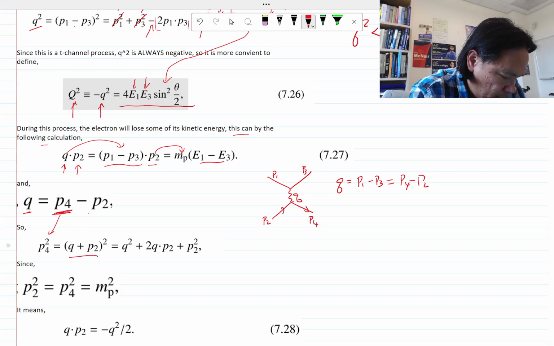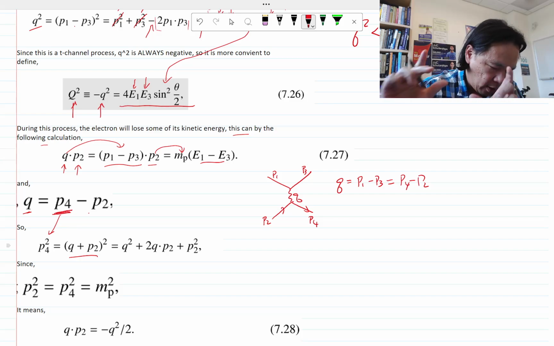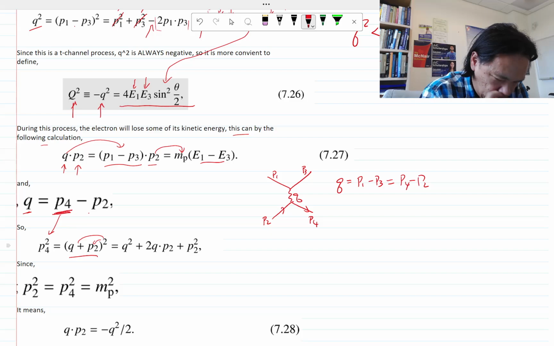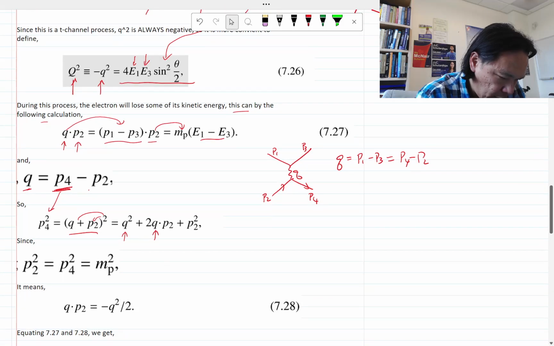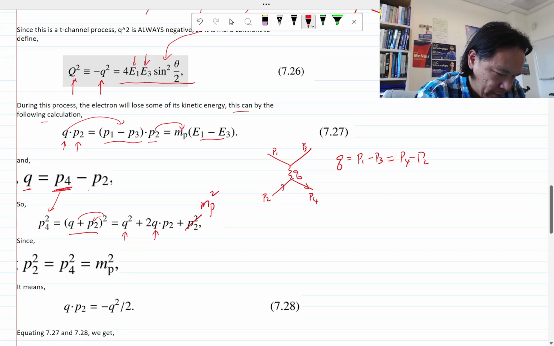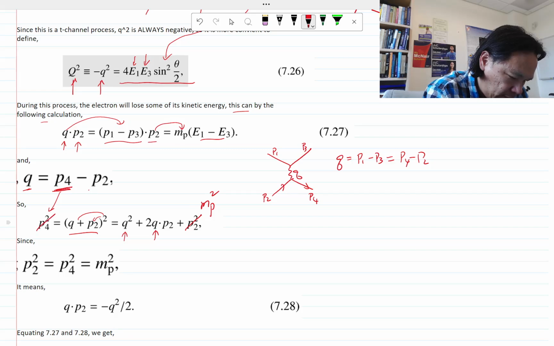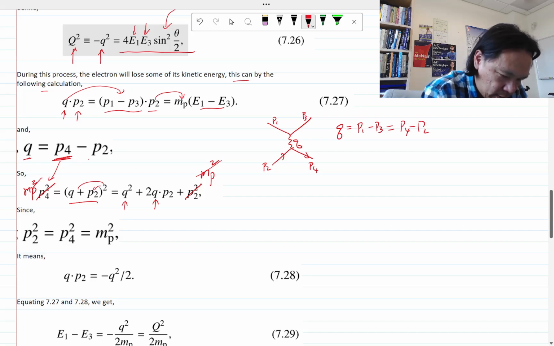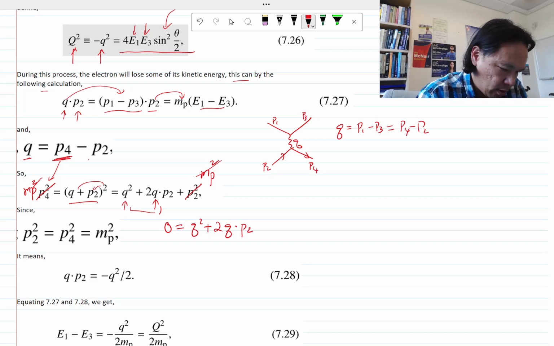What we'll find is that it's going to be q plus P2, the whole thing squared. Distributing these squares, you get q squared, you get 2 times q dot P2, and then you got P2 squared. P2 squared is the mass of the proton squared. P4 squared is the mass of the proton squared. If you work out the algebra, these two actually cancel out. So you just have 0 equals q squared plus 2q dot P2.